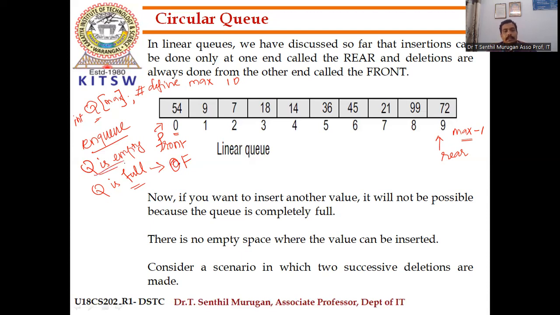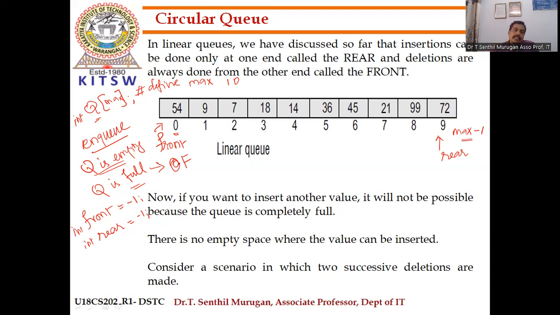Otherwise, if it is empty, initially we declare two pointers, front pointer and rear pointer. Whenever we declare the pointer, we initialize the value with -1. -1 means it is a nil value, it is not pointing to anything. Both are integer type variables, and the variable is pointing to a location.